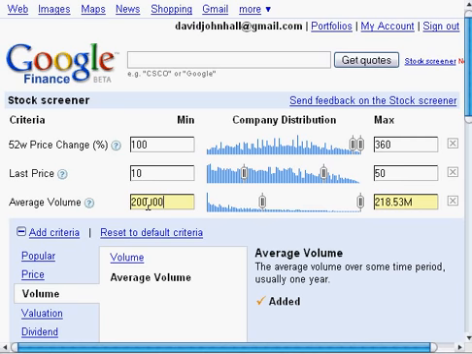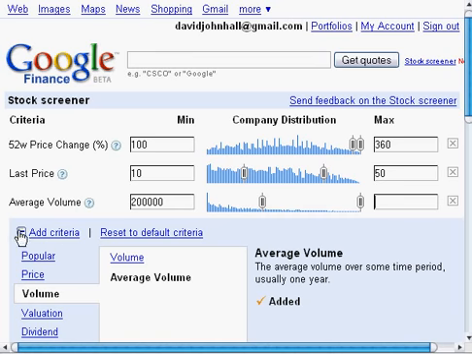Now, once you've entered your average volume, we're not going to enter a number for the maximum. We're going to cancel that out, and that's because we don't have a cap on the number of daily shares traded in a stock. So once we have done that, we have our three criteria that we look for when screening for the strongest stocks trading anywhere on the market.